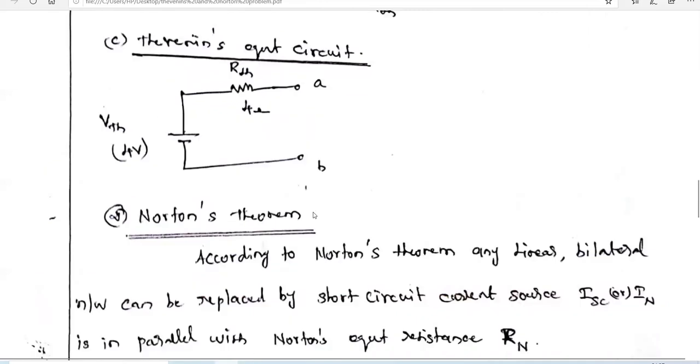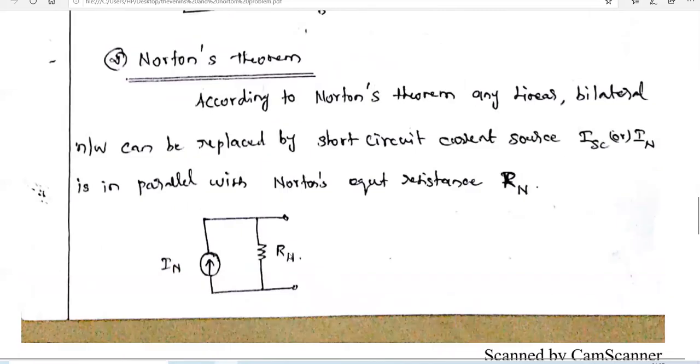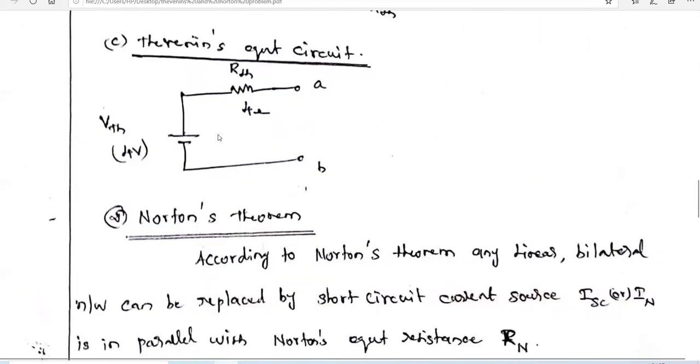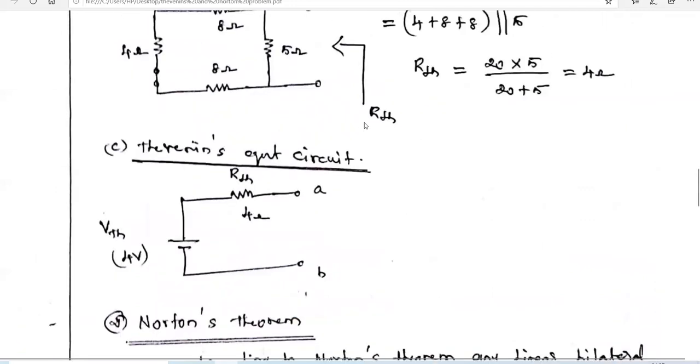So Thevenin's equivalent circuit is a voltage source model and Norton's is a current source model. We may convert the voltage source model into the current source model using the source transformation technique also.